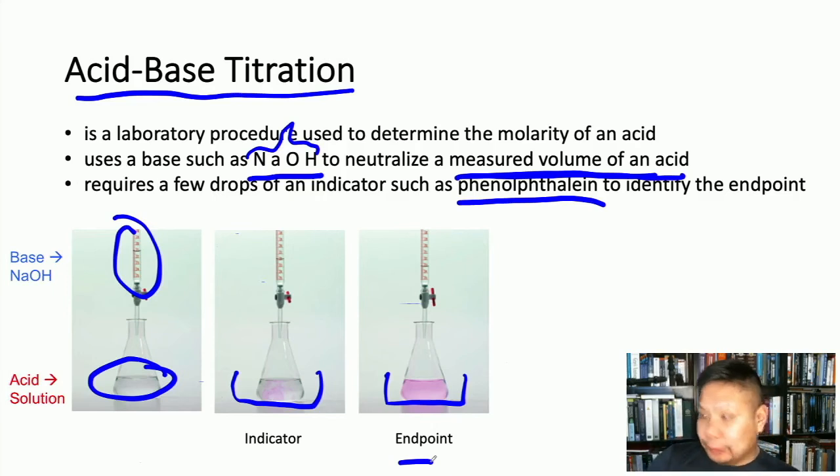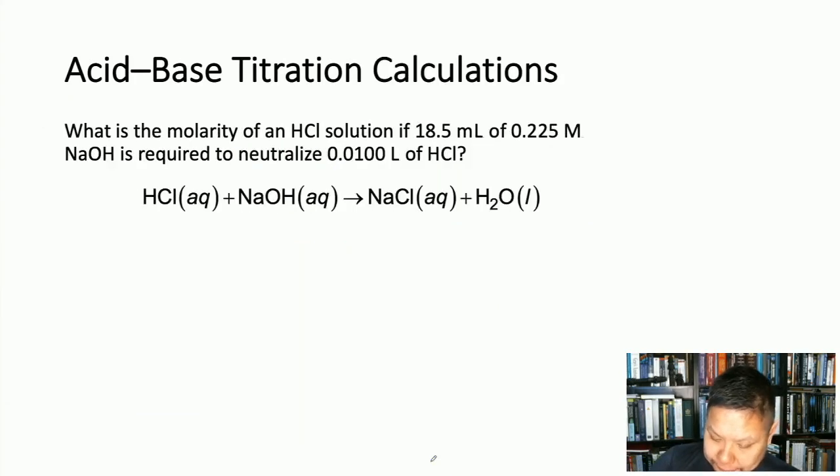So let's do a quick calculation of an unknown acid using titration. What is the molarity of hydrochloric acid if 18.5 mL of 2.55 molar sodium hydroxide was required to neutralize 0.01 liters of the hydrochloric acid?